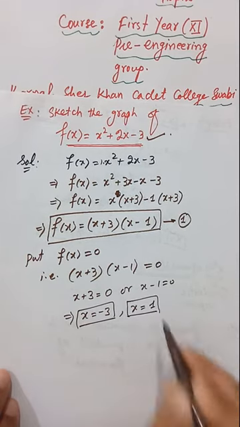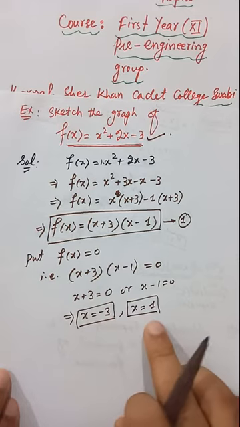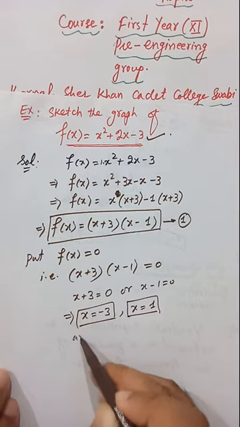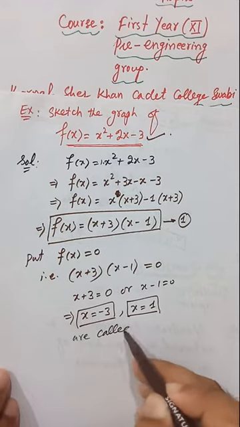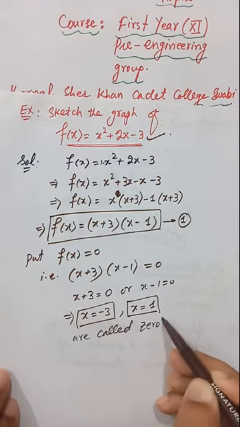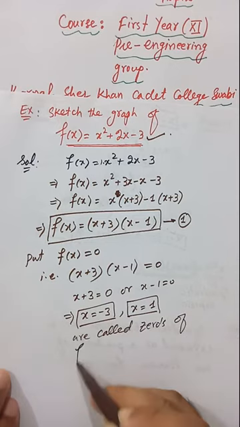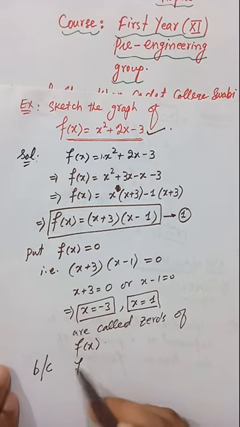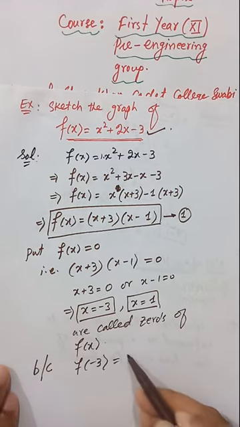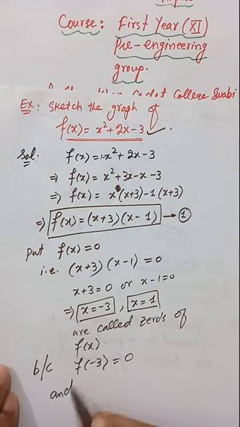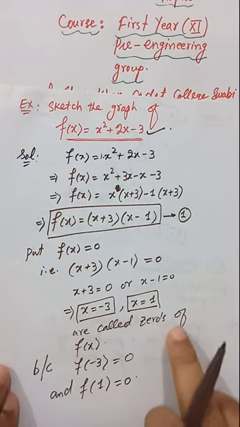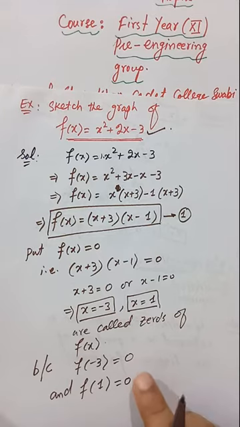So x is equal to minus 3 and x is equal to 1 are called zeros of f of x, because f of minus 3 is equal to 0 and f of 1 is equal to 0. This is the definition of the zero of the function.